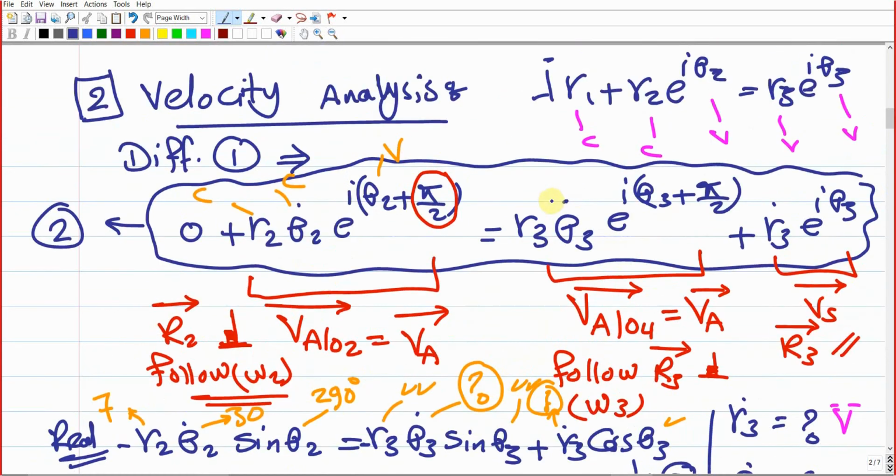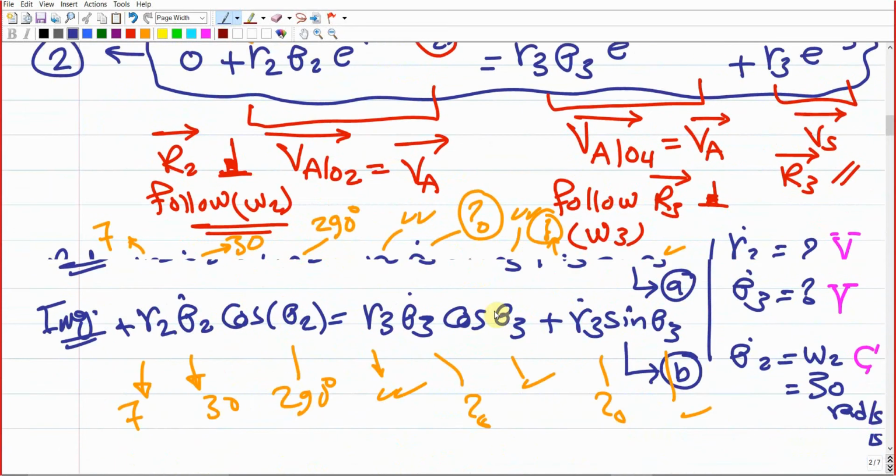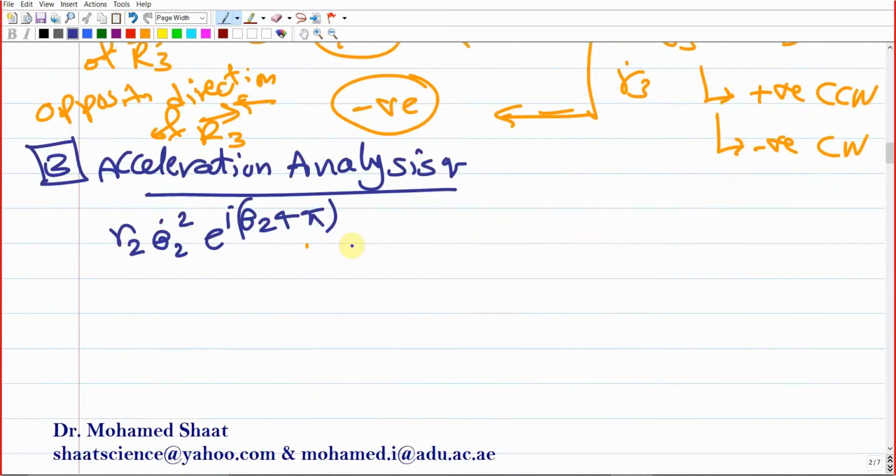How about this term? It has three variables. R3 is a variable, theta 3 is a variable, theta 3 dot is a variable. So we are going to end up with three components of the acceleration in total.